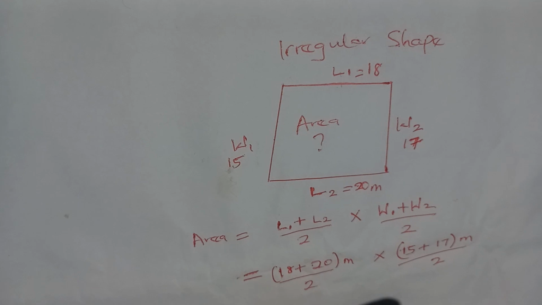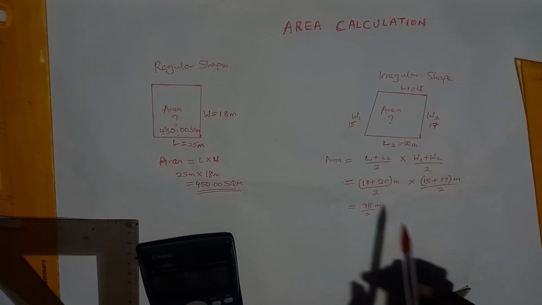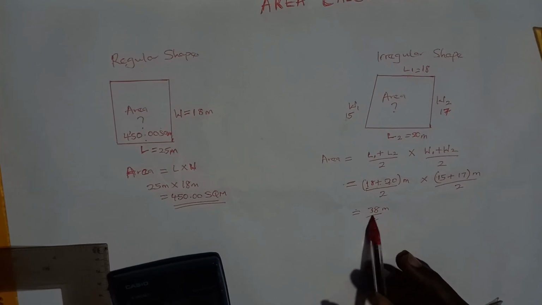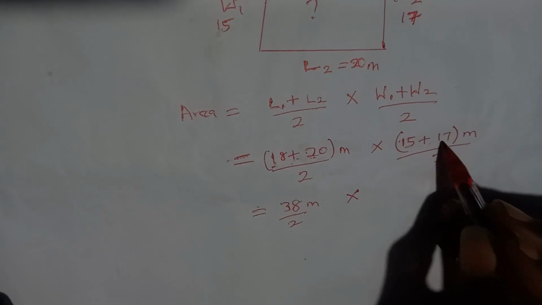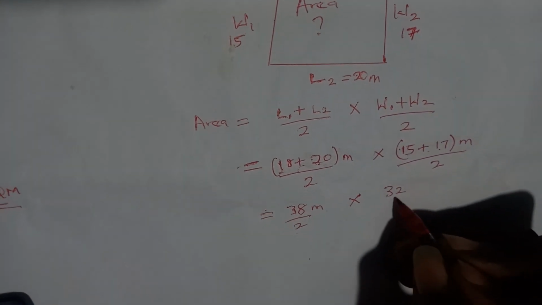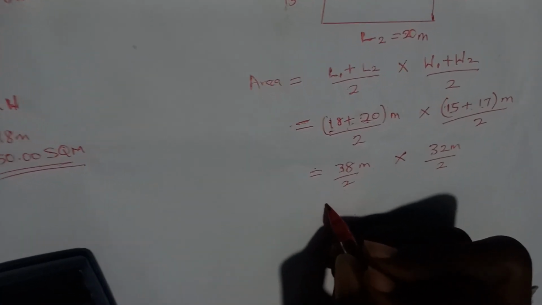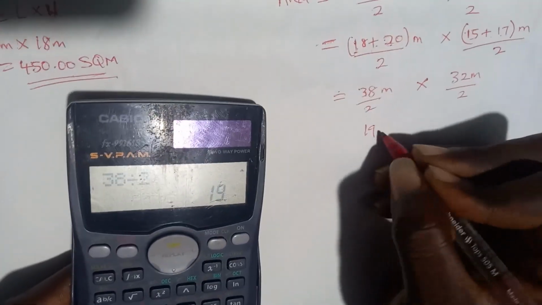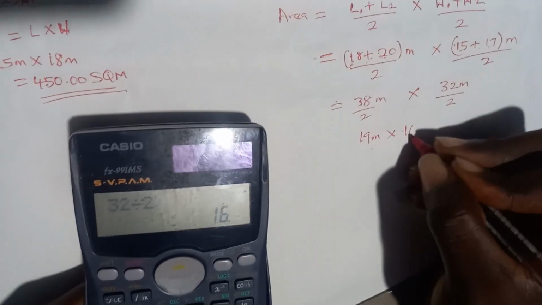When we add 18 plus 20, it gives us 38 meter. Then divided by 2, multiplied by 15 plus 17, which is 32 meters, divided by 2. So we have 38 divided by 2, which is 19 meter, multiplied by 32 divided by 2, that is 16 meter.